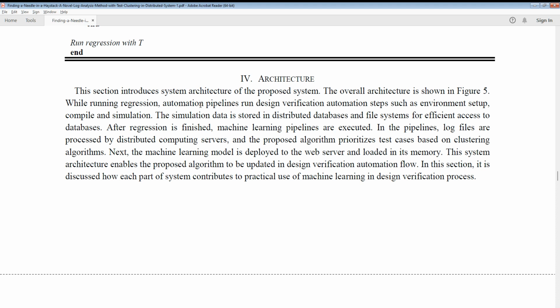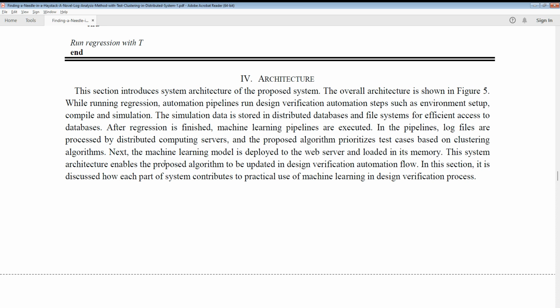The simulation data is stored in distributed databases and file systems for efficient access. After regression is finished, the machine learning pipeline is executed. In the pipeline, log files are processed by distributed computer servers, and the proposed algorithm prioritizes the test cases based on the clustering algorithm.